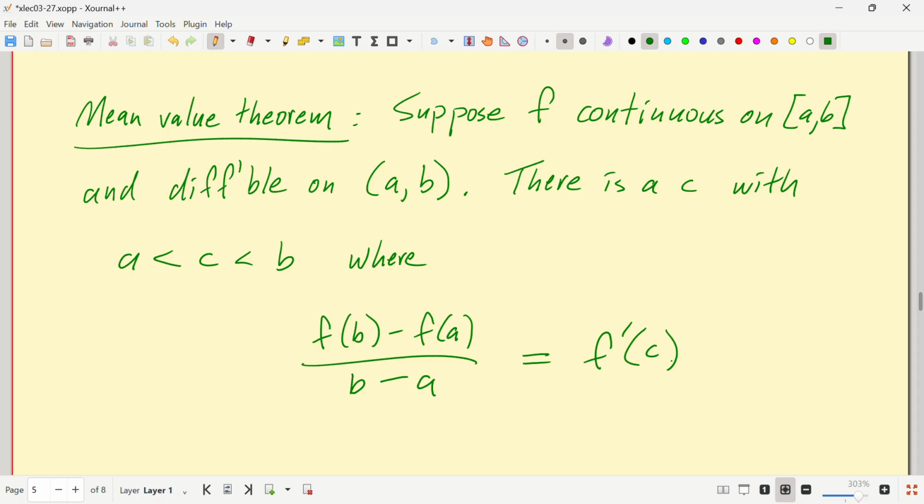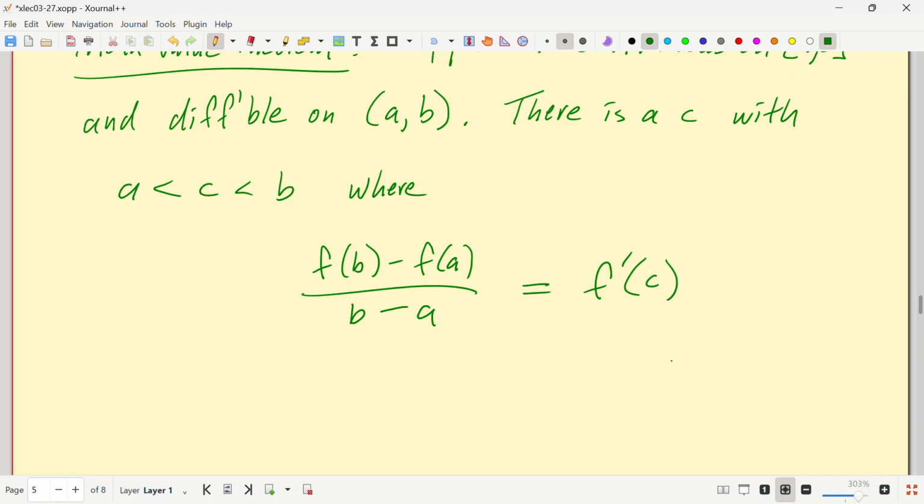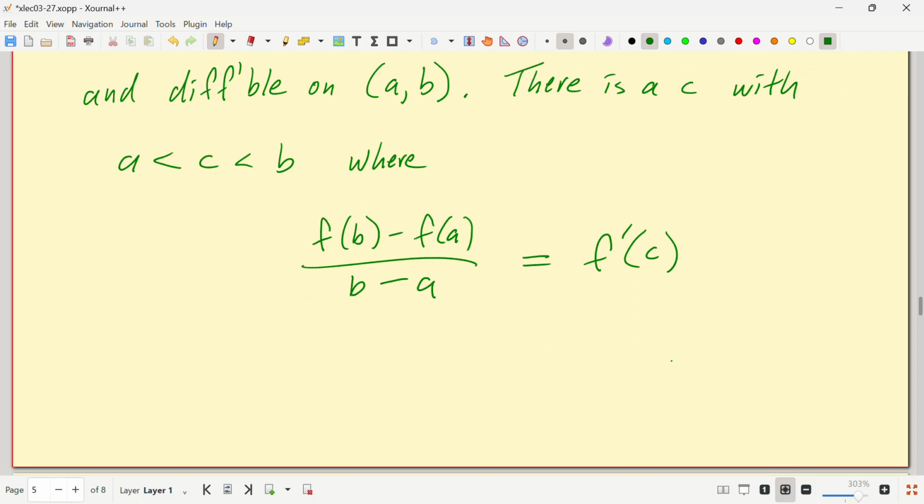You might ask yourself, why is this called the mean value theorem? Think in terms of distance and speed. Let's say B is Indianapolis and A is West Lafayette.